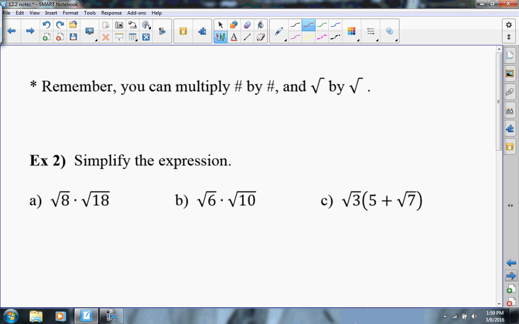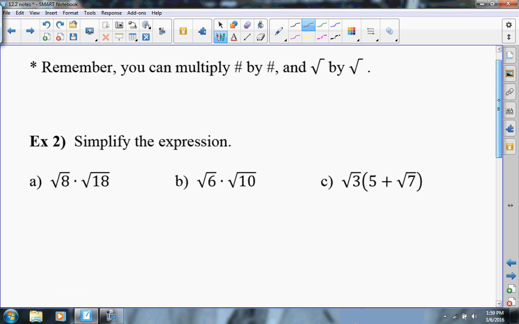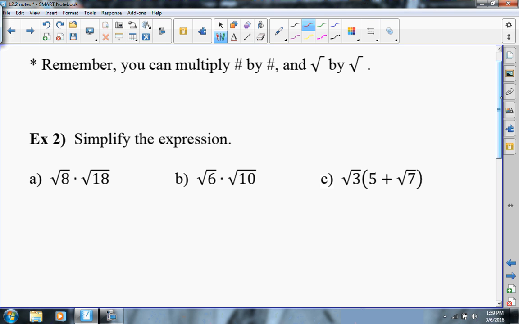Now, in this next example here, this is just a refresher of some multiplication skills that, again, we've been talking about since chapter 9. And remember, when you have two radicals that are being multiplied together, you can multiply the numbers inside of them and get one big radical. And if there's any numbers out in front, any of the coefficients, you can multiply them together.